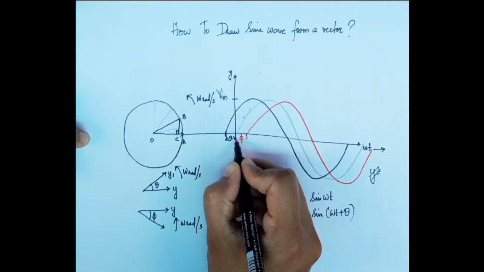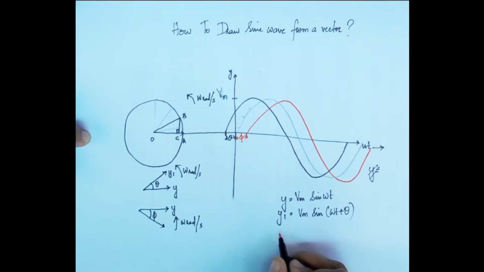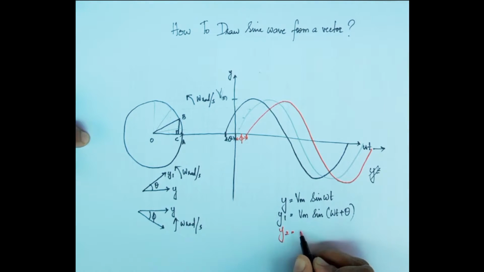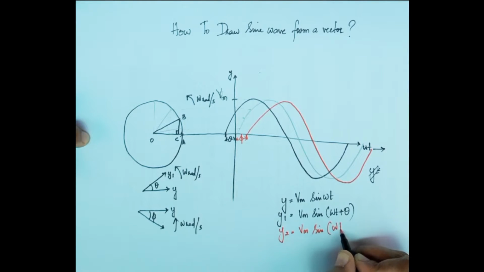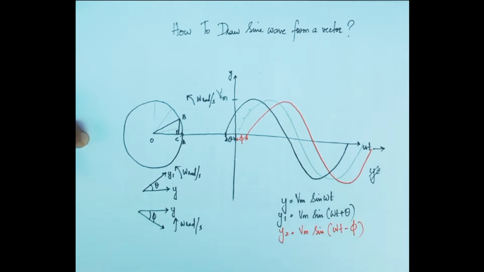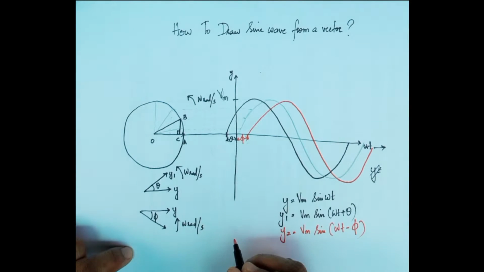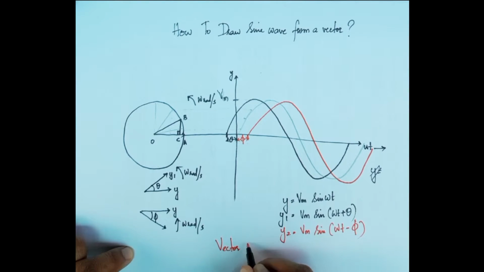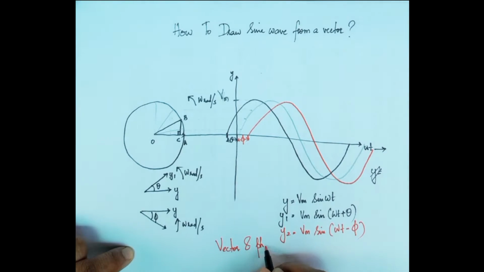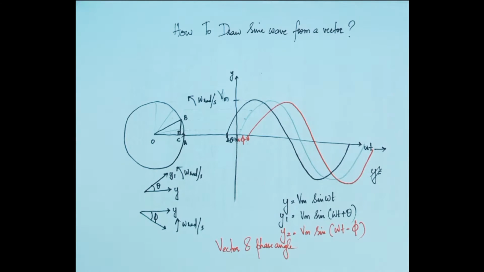Here phi is the phase difference between y and y2, and the equation becomes Vm sine omega t minus phi. So we can see that we can represent all these sine waves using just a vector and phase angle. A vector y, y1, y2 along with their phase angle, we can represent the sine wave.